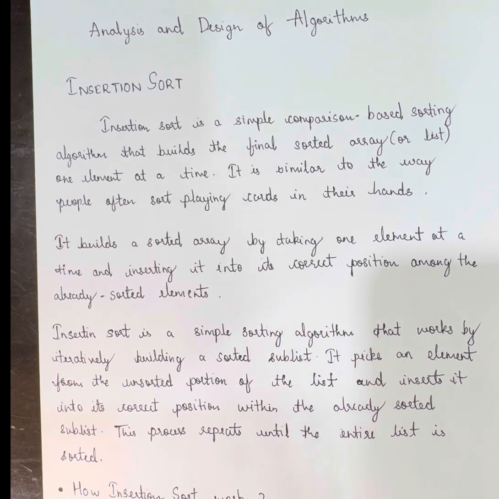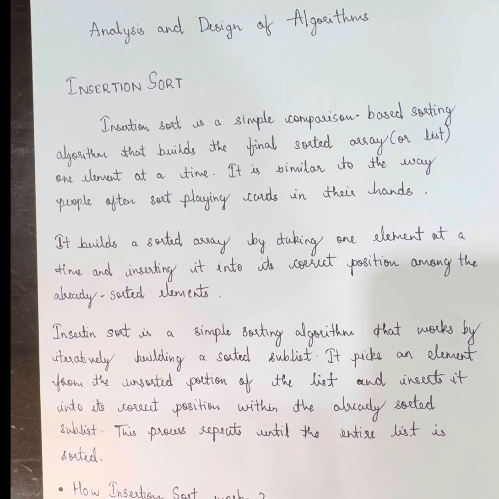Now, what is insertion sort? Insertion sort is a simple sorting technique that builds the final sorted array one element at a time. It works the way we sort playing cards. For example, how we input and output.